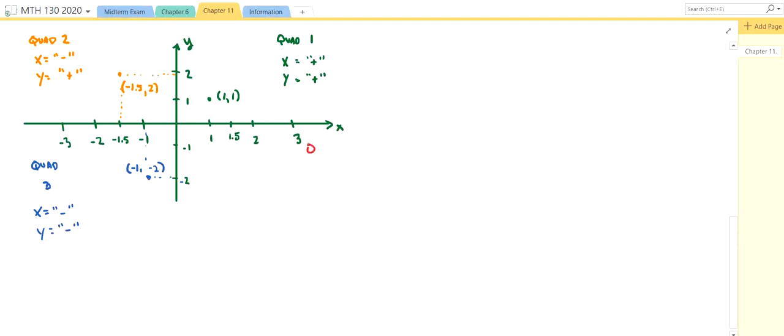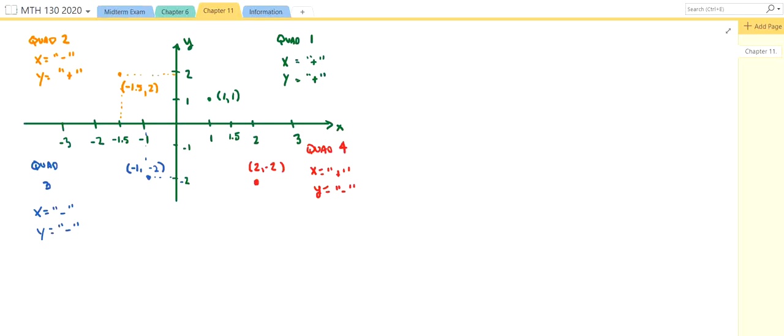And then over here in our fourth quadrant, you'll see that the x values are all positive and the y values are all negative. So maybe the point here, 2, minus 2. That's how we use the Cartesian axis to locate points.